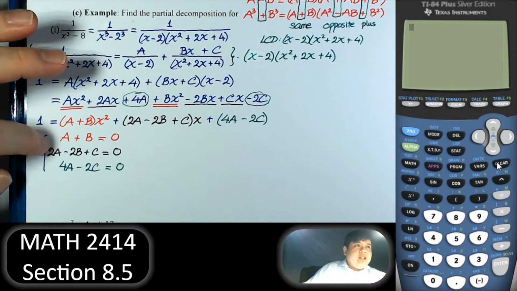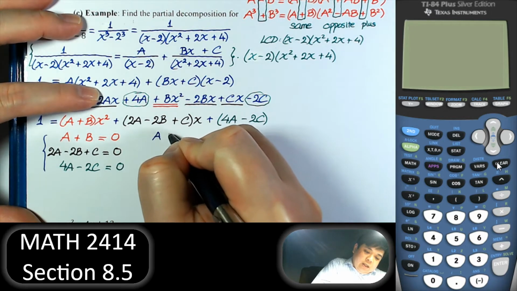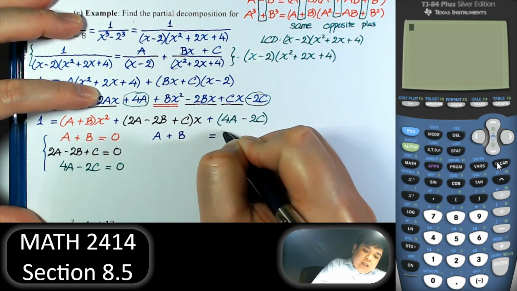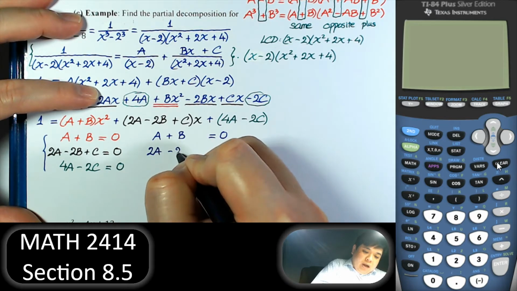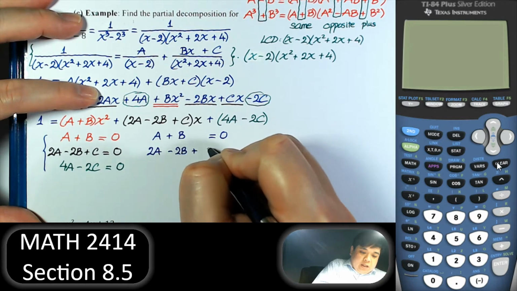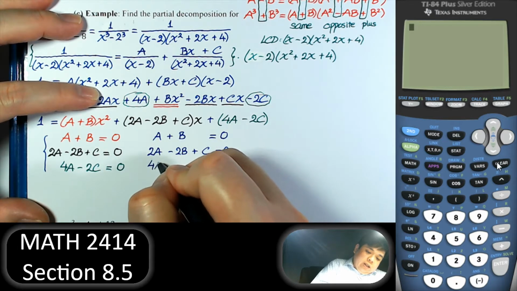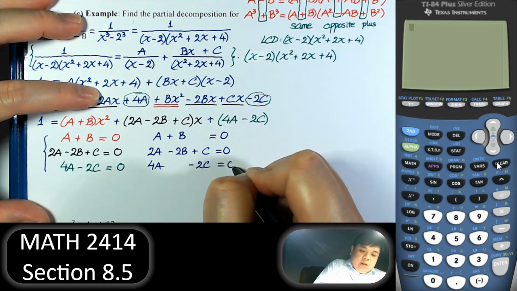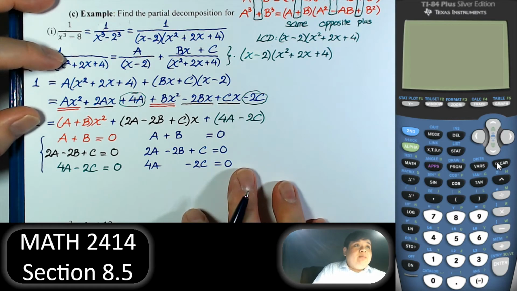So let's just rewrite this as follows: a plus b, there is no c, equal to 0. 2a minus 2b plus c, that's 0. 4a, no b, minus 2c, equal to 0. Right, so I put that in this form.